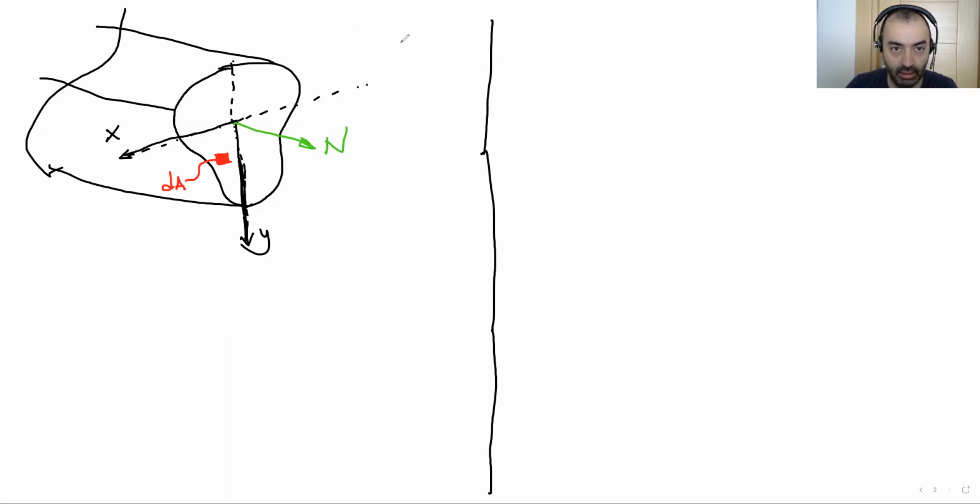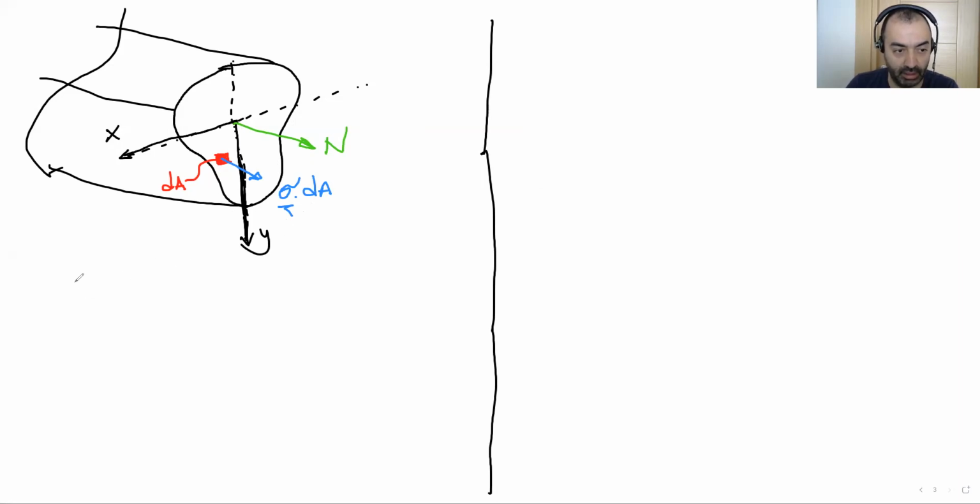We can write the stress times area. The stress is the same all over the area, and the area of the red portion is dA. So sigma times dA gives us the force.